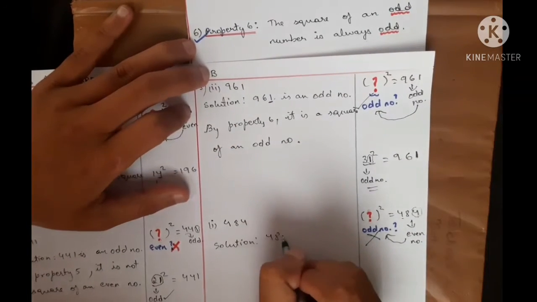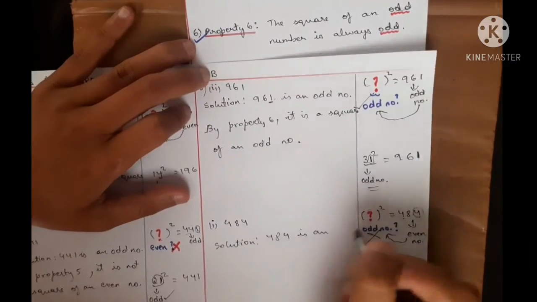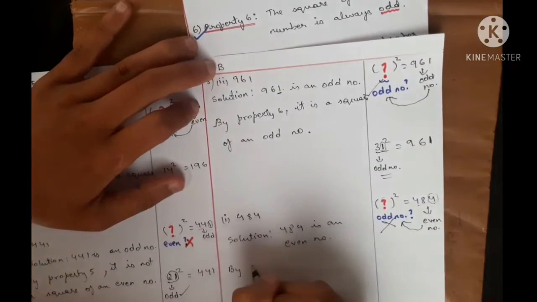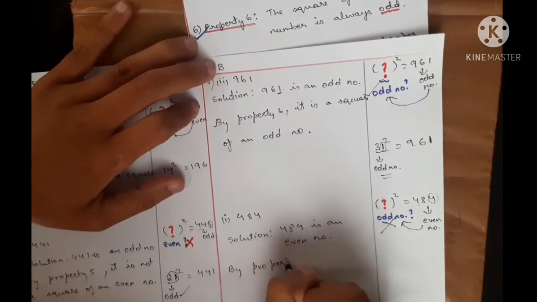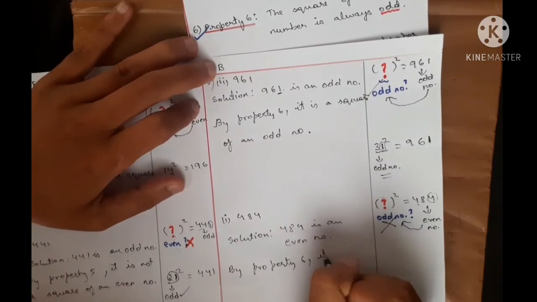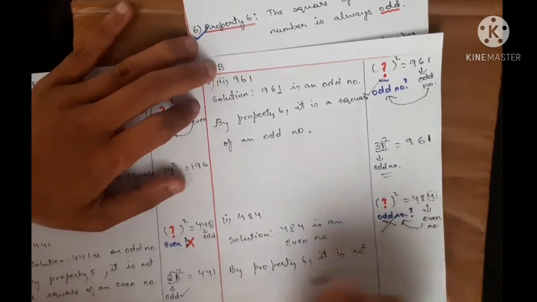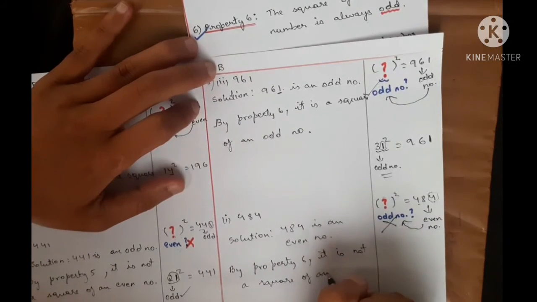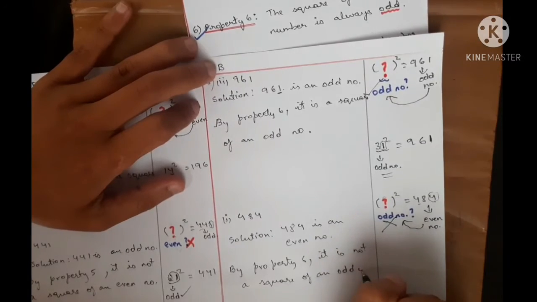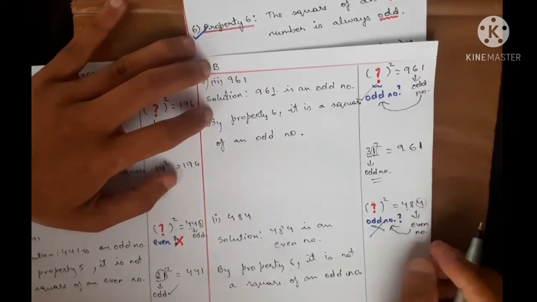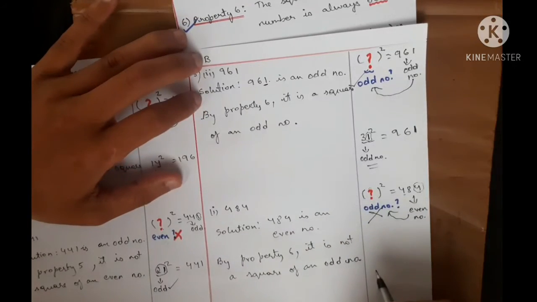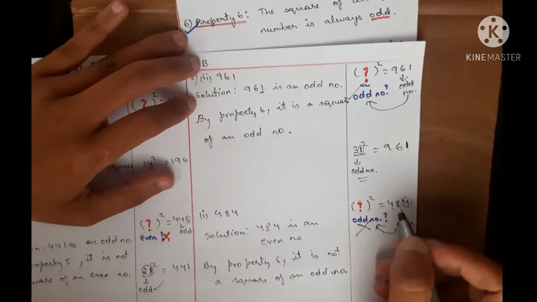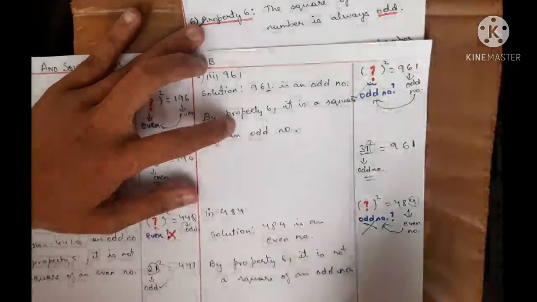Hence, since 484 is an even number, therefore by property 6, it is not a square of an odd number. Can you tell me what number, when you square it, you get 484?